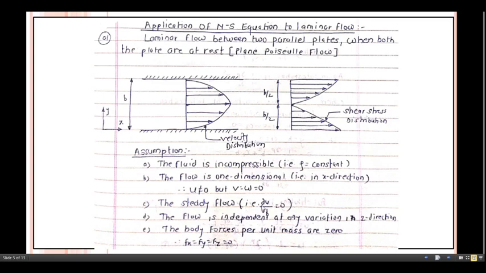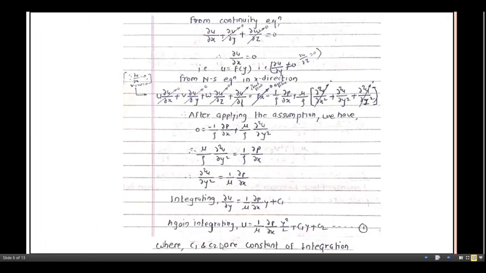For steady state flow, ∂u/∂t must be equal to 0. The flow is independent of any variation in the y direction. The body forces per unit mass are 0, that is fx equals fy equals fz equals 0.